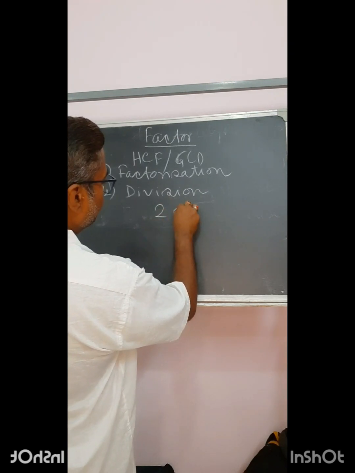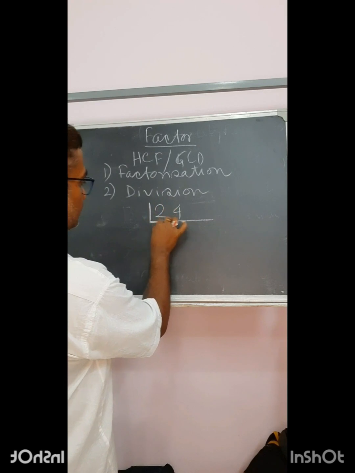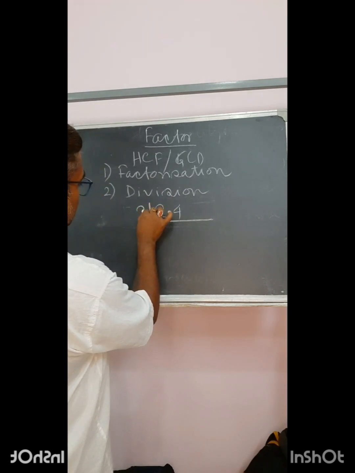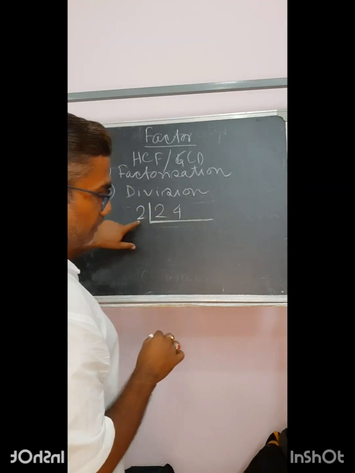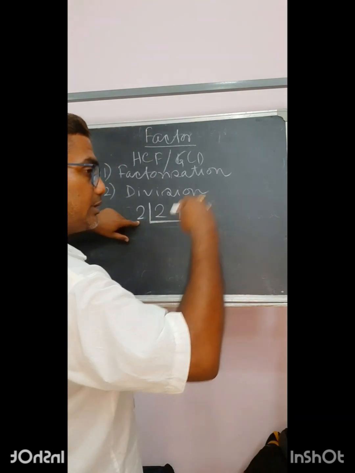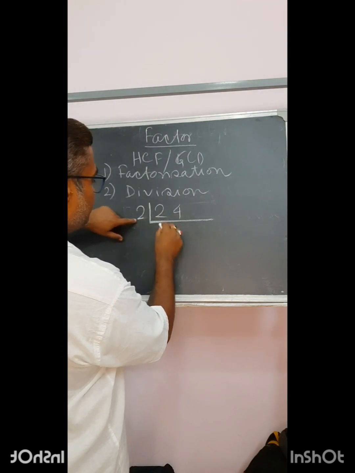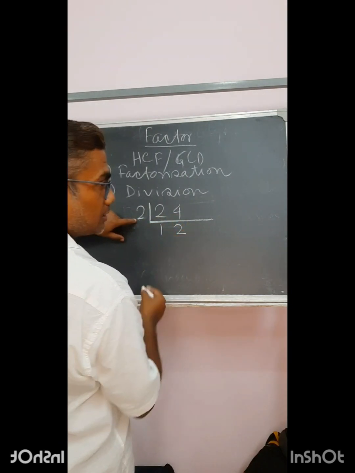Let's say 24. I will mark it with this symbol, and I will start doing factorization with the minimum prime number if it is possible, otherwise you have to choose the next prime number. So first with 2 I will try. 24 is divisible, so the result will be 12.